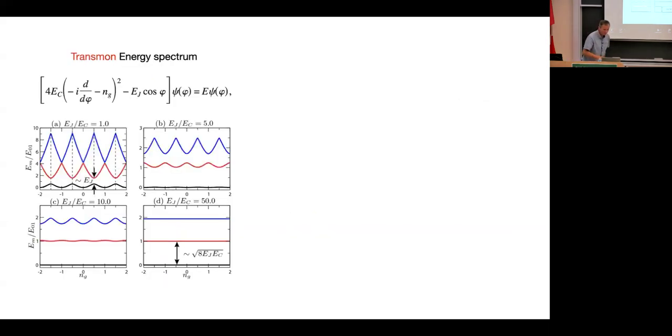When you solve this transmon Schrödinger equation, recalling that the number operator is canonically conjugate to the phase, so that I can write it as d over d phi, you can solve it numerically, and even analytic solutions exist. The early devices worked in the limit where the charging energy was roughly the same as the Josephson energy.